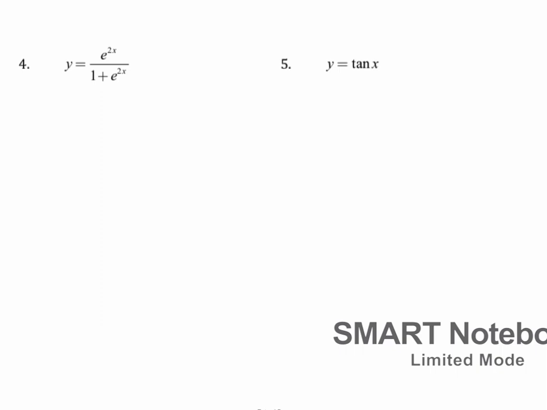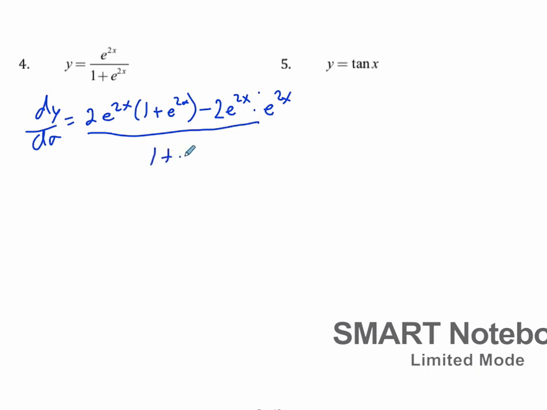Okay, and the next one, we'll take the derivative by doing the derivative of what's in the top. That's 2e to the 2x times the denominator, minus the derivative of the denominator, which is 2e to the 2x, times the numerator, which is e to the 2x, and over 1 plus e to the 2x all squared.